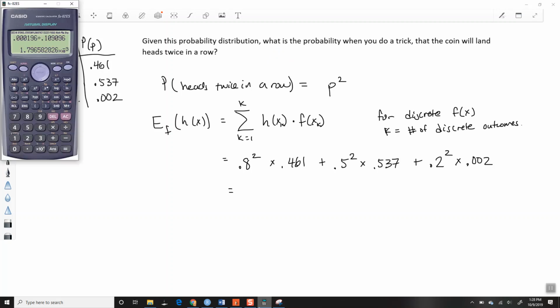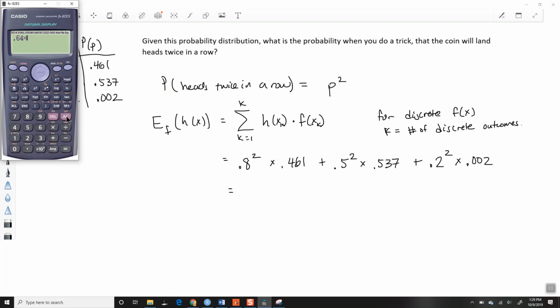All right, so we'll multiply this. We got 0.36 times 0.461 plus 0.25 times 0.537 plus 0.04 times 0.002. Did I mess something up? Oh, 0.64, yeah. Sorry.